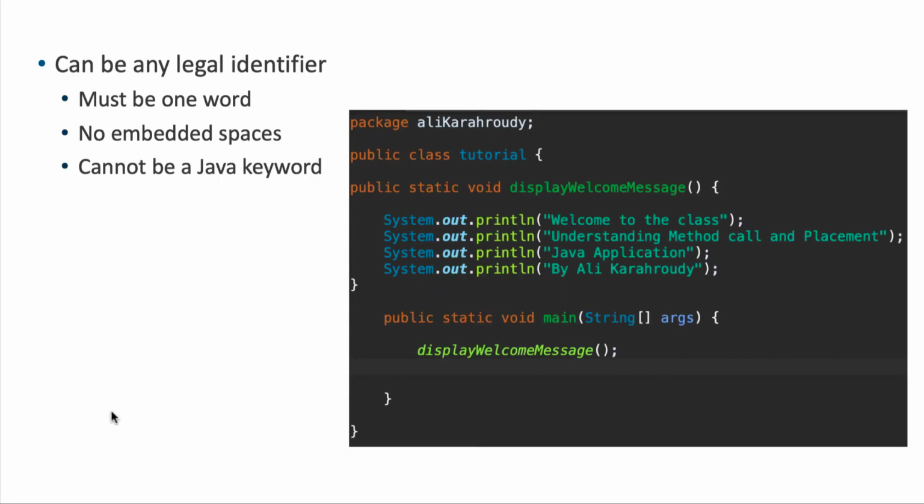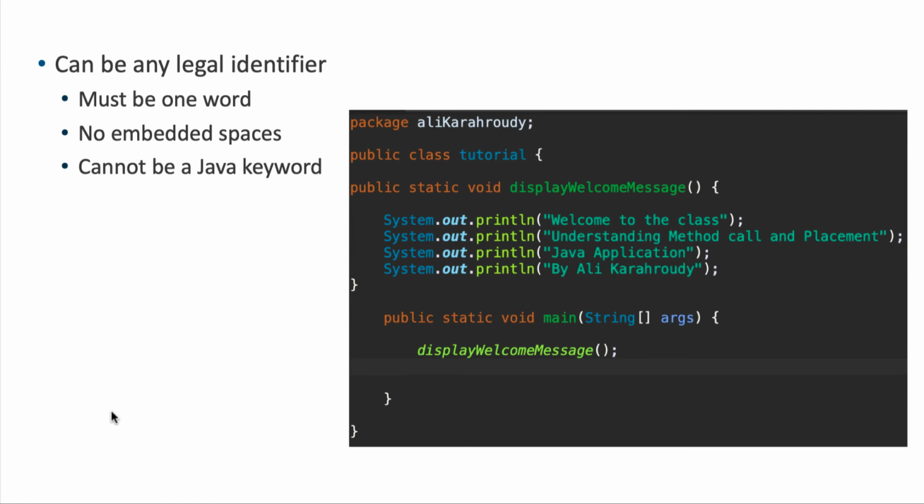Next logical step is to talk about a method's name. A method's name can be any legal identifier. That is, like identifiers for classes and variables, a method's identifier must be one word with no embedded spaces and cannot be a Java keyword. The method that executes first when you run an application must be named main, but you have a lot of leeway in naming other methods that you create.